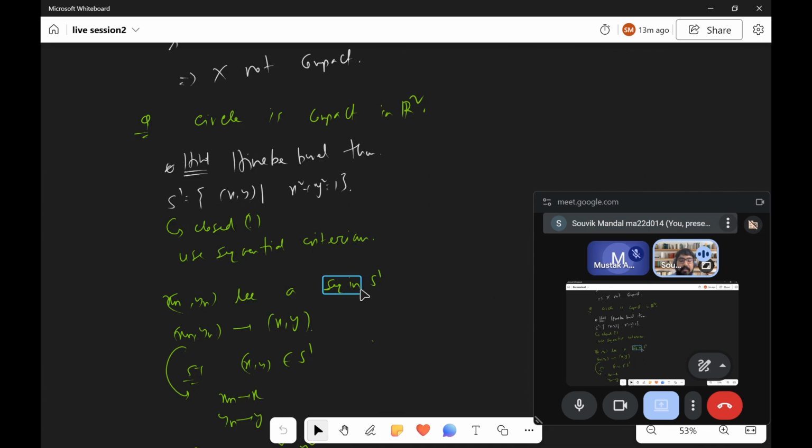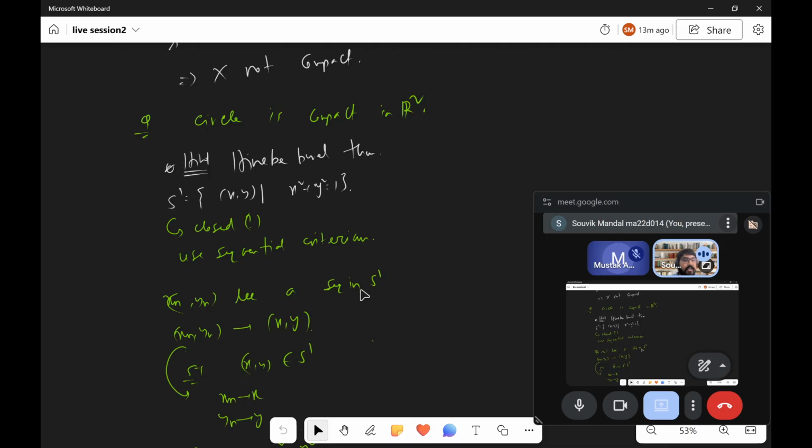In this argument, basically we have shown the circle is compact. For showing compact, we need to show that it is closed and bounded, right? Bounded is obvious. Only we need to show closedness, correct? Now closedness can be seen from the sequential criterion. That means we need to choose a sequence x_n, y_n in the circle and assume that the sequence converges to a point x, y. We need to show that the point x, y belongs to the circle.